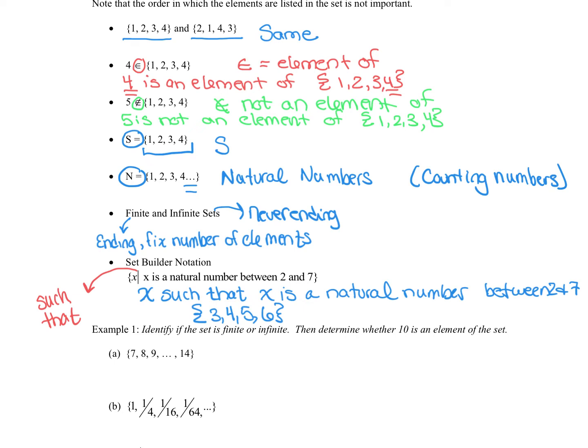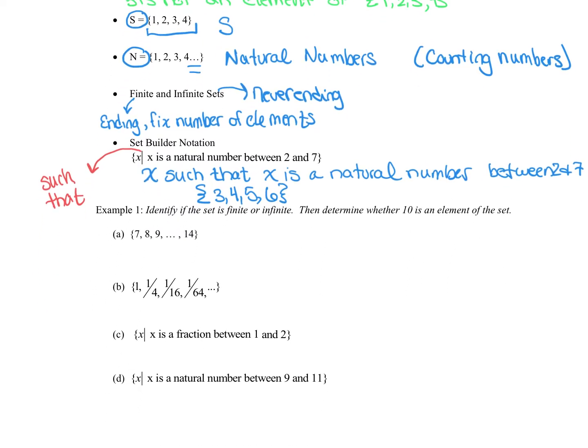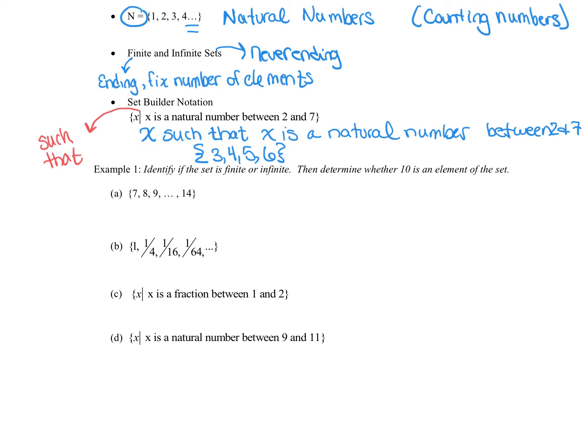So now let's stay on that same thought process, and we're going to look at examples and name whether each set is finite or infinite, and then we're going to tell if 10 is an element of the given set. On the first one, I have a starting point, I have an ending point.